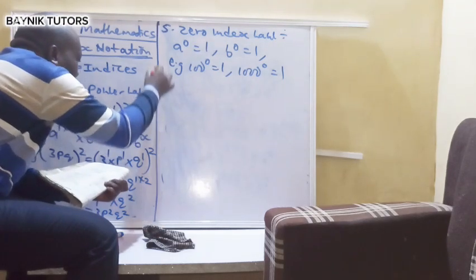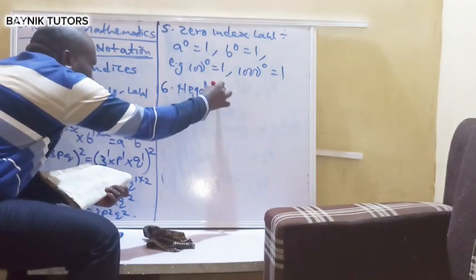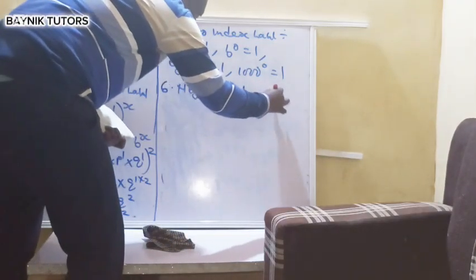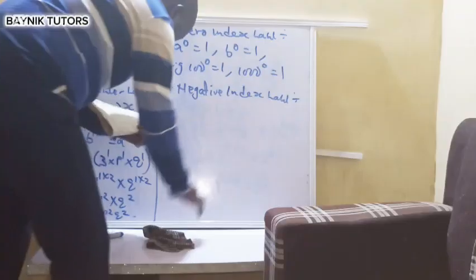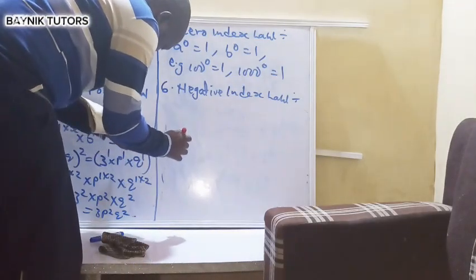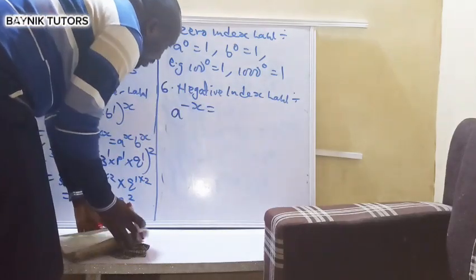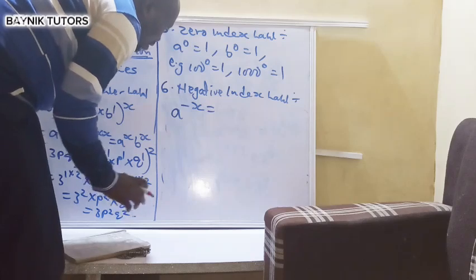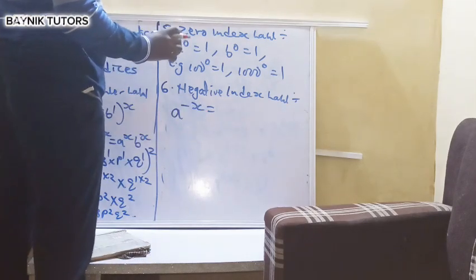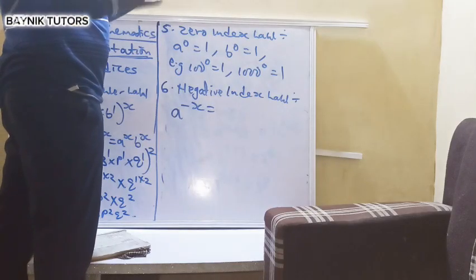And for the negative index law, if we have something like a raised to power minus x, we believe in mathematics that the moment the power is negative, there will be a rearrangement of the base.